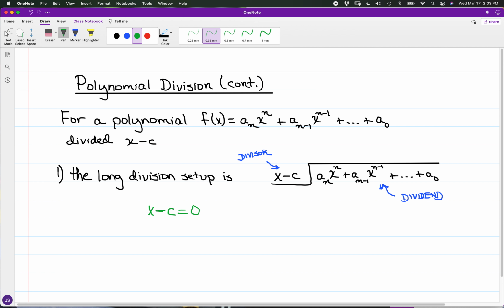just going back to locating zeros. Say if the factor is x minus c, and I attain the 0 of x minus c, this is going to be from x minus c is equal to 0, and so we're going to have that x is equal to c.